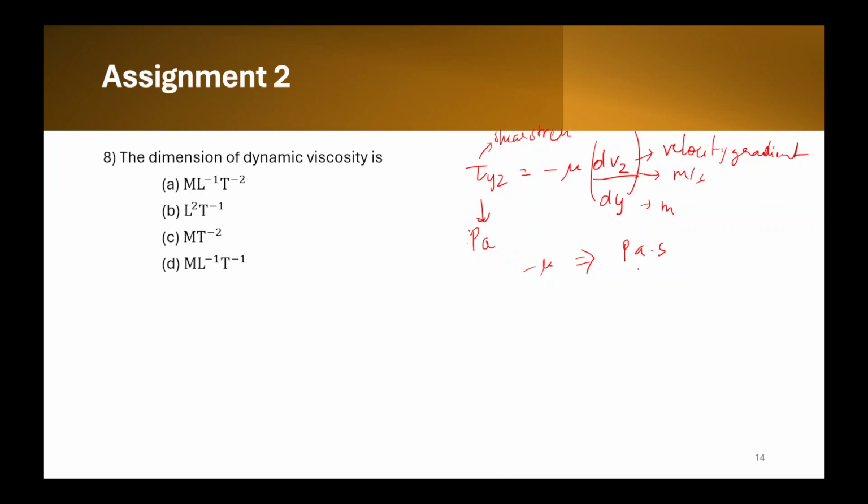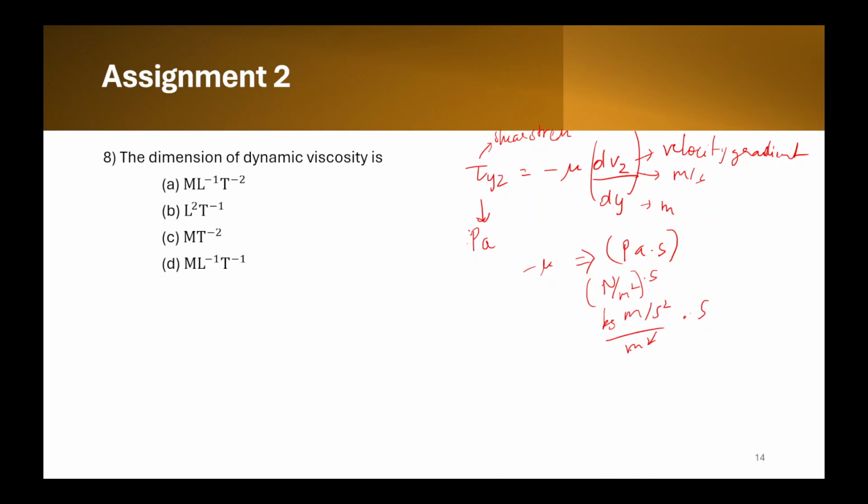Pascal second firstly is the unit, and what will be the dimension of dynamic viscosity? So Pascal is Newton per meter square into second. So Newton is kg meter per second square upon meter square into second.